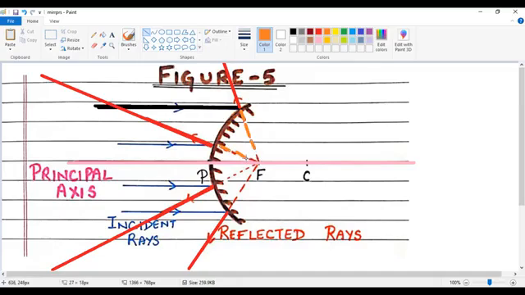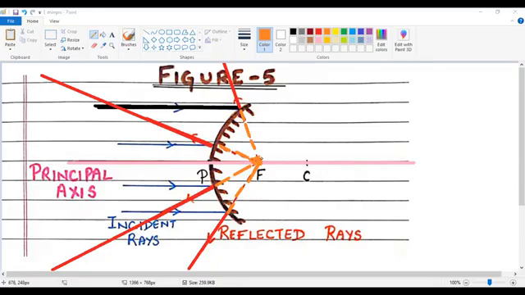So we have produced back the reflected rays such that when produced backward, they appear to meet at a particular point, and that particular point is known as the focus of the convex mirror.